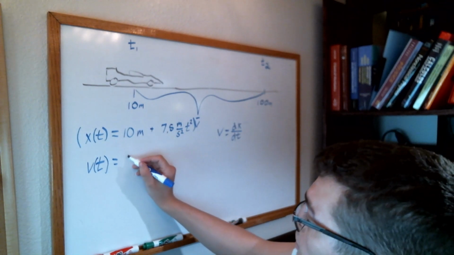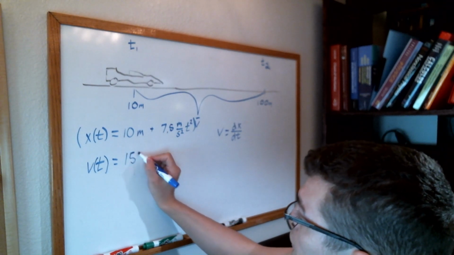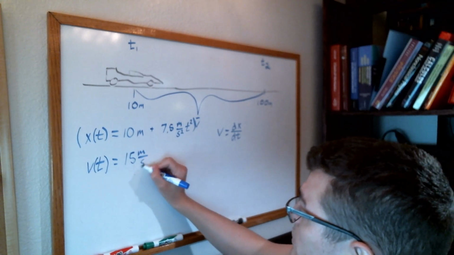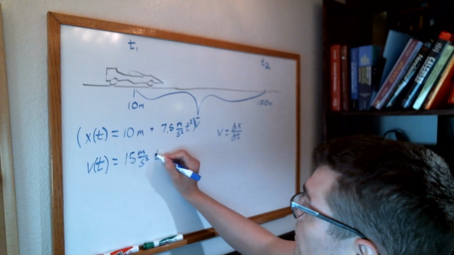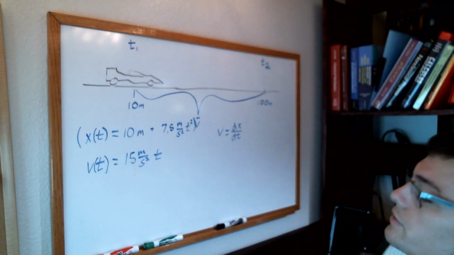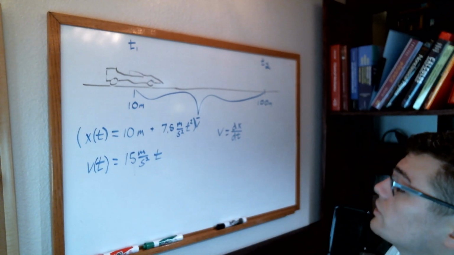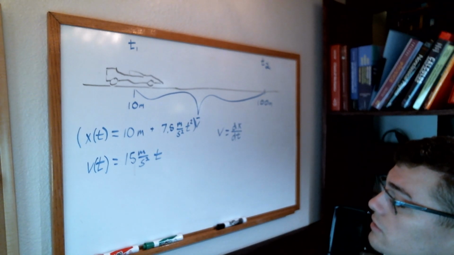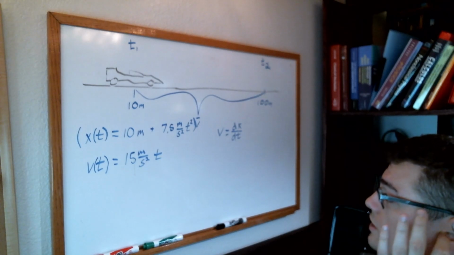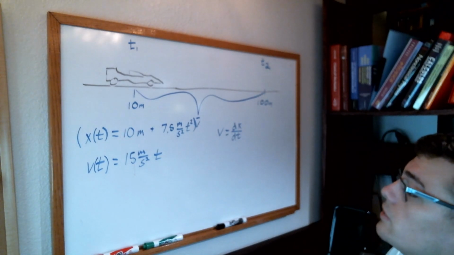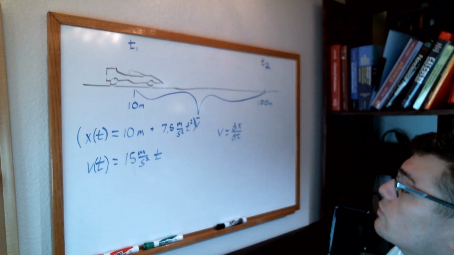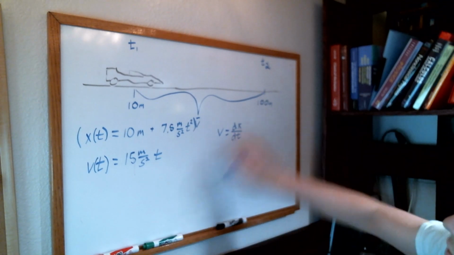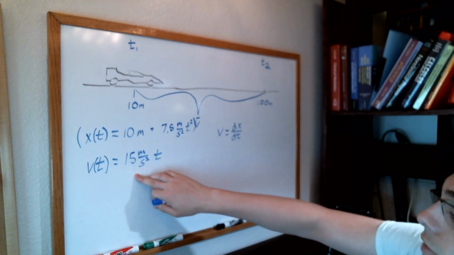So now we're going to have that this is going to be equal to 15 meters per second squared times t. And so now we've found the instantaneous velocity function, and it seems to be 15 meters per second squared times t. And so then next up, we've taken the derivative, we found the velocity function.